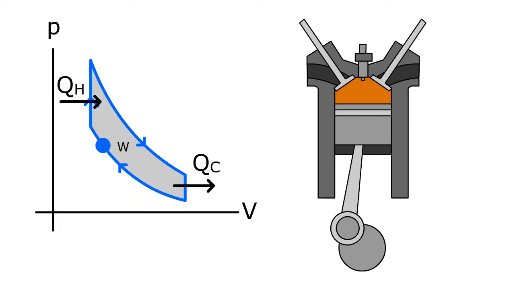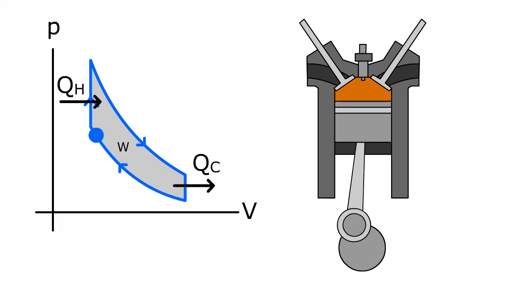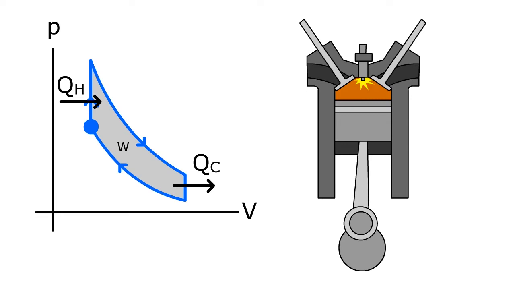So after that, when it reaches yung highest point, this is the lowest volume ng ating working substance, yung ating spark plug will now ignite. Tapos mag-start yung combustion ng ating working substance. So with that combustion, heat is introduced doon sa ating system as shown sa ating PV diagram here. That is our Q sub H that enters our working substance.